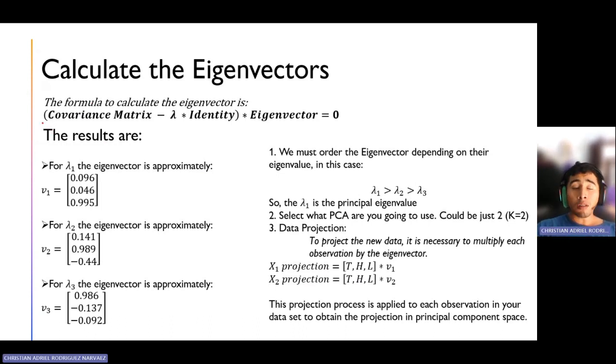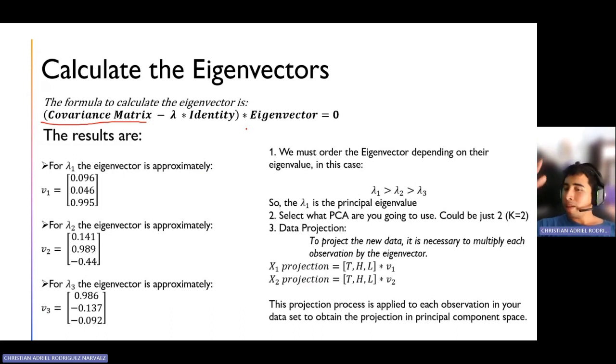So we need again our covariance matrix, we need lambda that we already calculated, and we need again the identity matrix, and all of this procedure multiplied by the eigenvector.